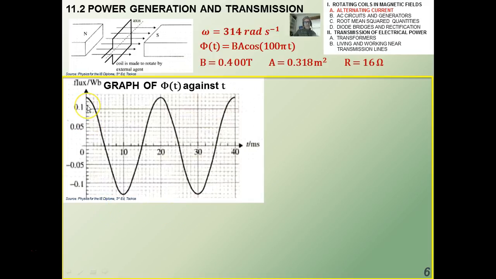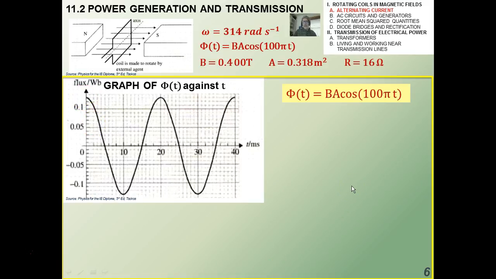For this particular case, this is what phi of t against t looks like. So let's pick this apart and see how we got these numbers. The most important numbers that we're interested in with all these graphs are the zeros of the function, where the local maxima and local minima occur, and of course the amplitude is also very important, okay?